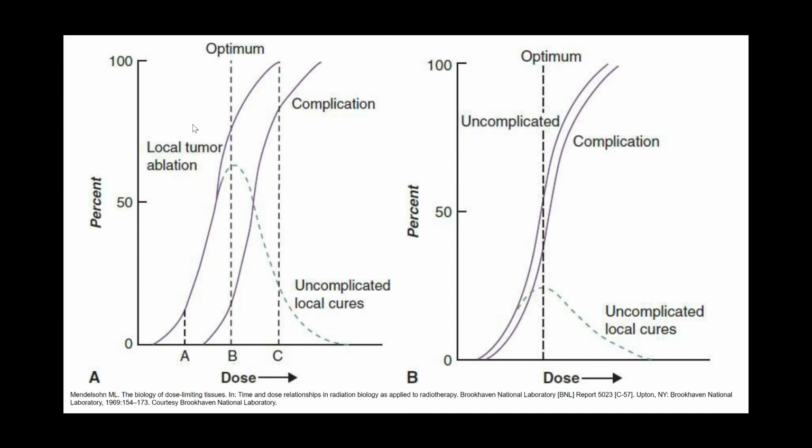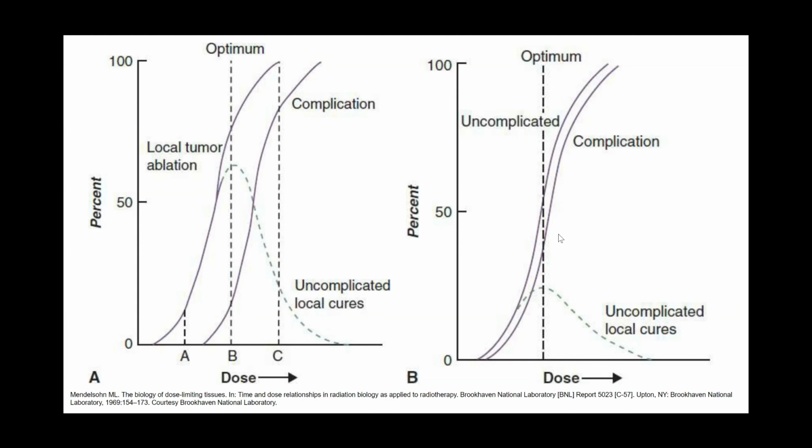It's not 100%, but it's quite high. But if we are aiming for a 100% chance of tumor control, the probability of complication also gets higher, which we do not want. So the optimal dose would come around dose B. This is how radiotherapy treatment basically works: getting the correct therapeutic window, the correct tumor control probability versus normal tissue complication probability.